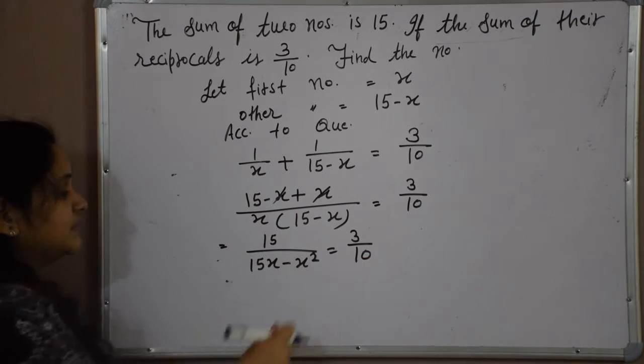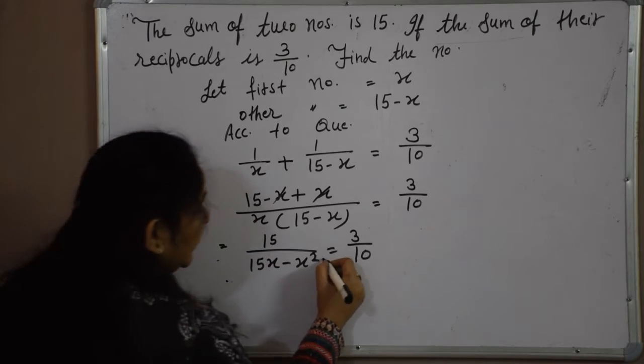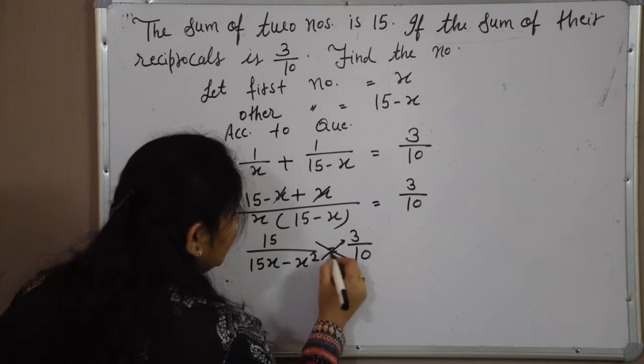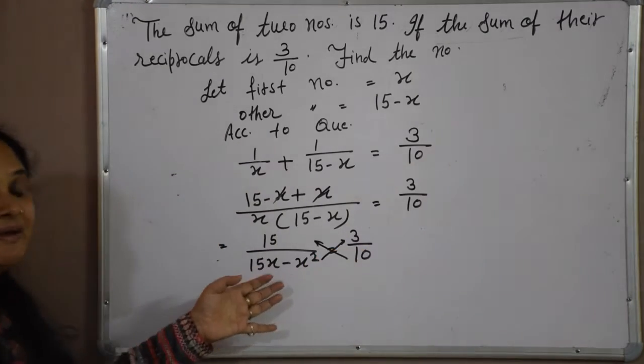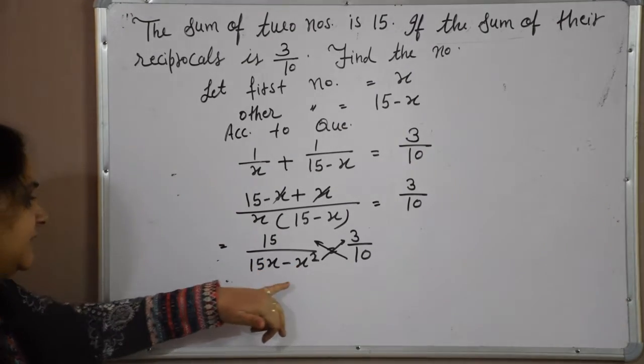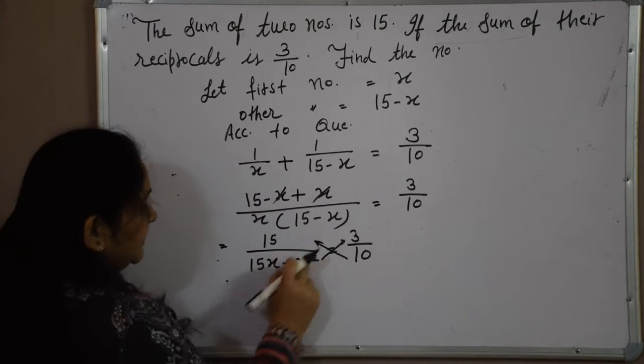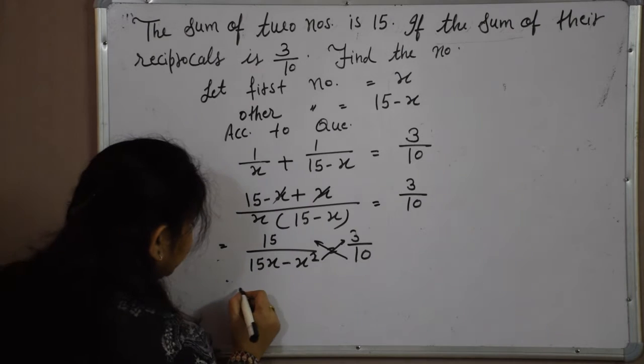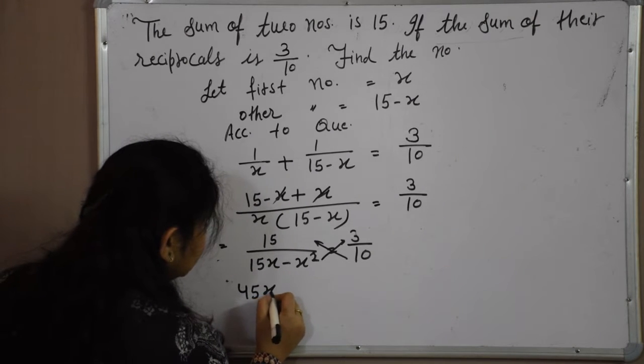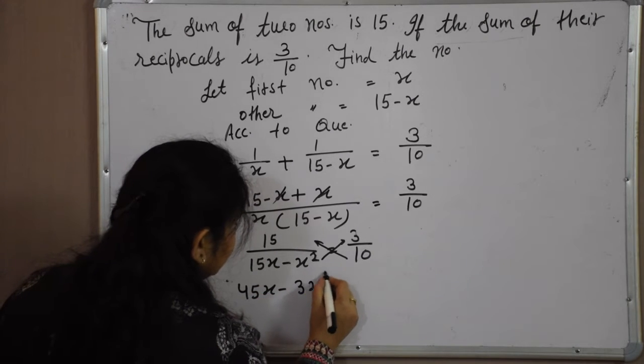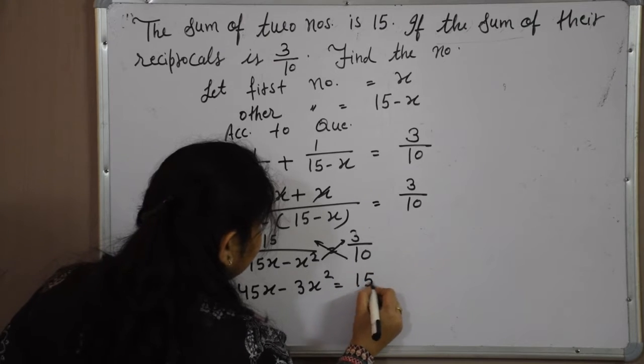Now taking cross multiplication. Whenever we have equality of two fractions, we normally solve them by cross multiplication. So first we multiply this equation by 3. We get 45x minus 3x square equals 150.